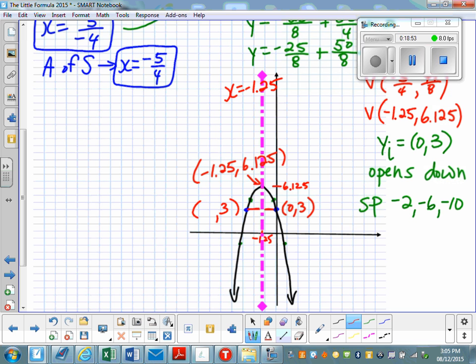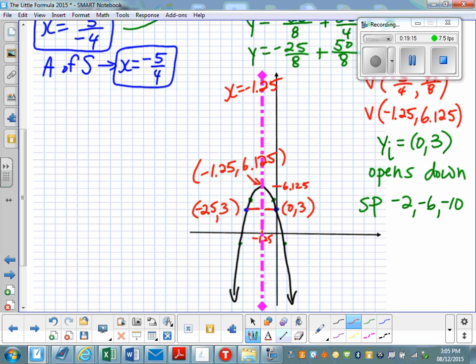So the y-intercept is 1.25 away from the x-axis, sorry, the y-axis. So I'm going to go another -1.25. So this is going to be at -2.5, and 3 is where that one's located.